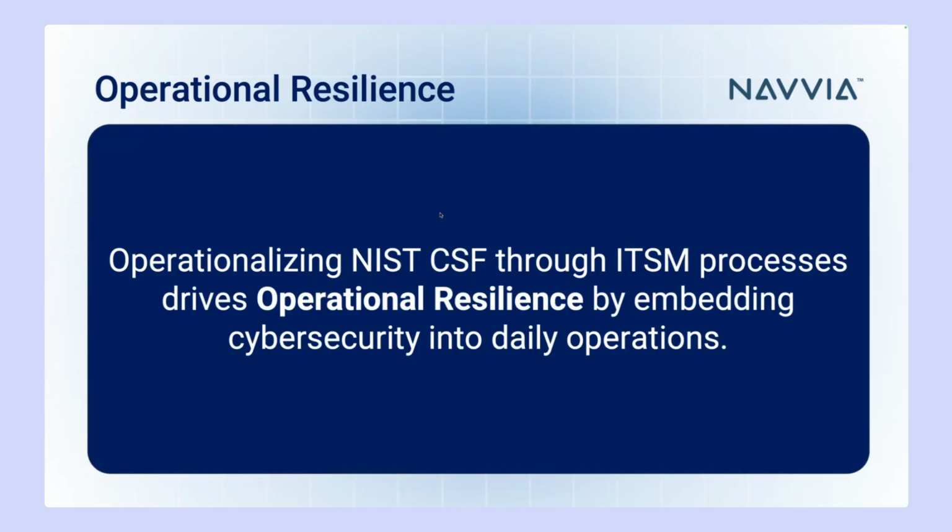And the best part of that is you use the NIST CSF, the 6 functions, 22 categories, 106 subcategories, to inform your processes to make sure you're doing the right things from a security perspective. Because I've been around the ITSM space for a long time. Maybe not all ITSM processes really are enabled with a security focus, right? So working together, you can really achieve operational resilience.